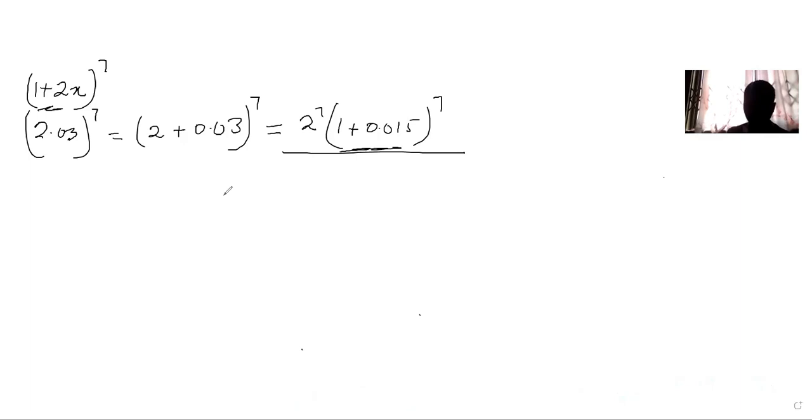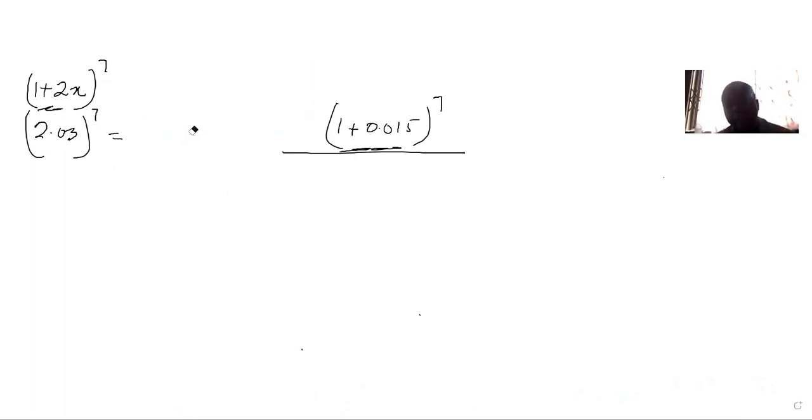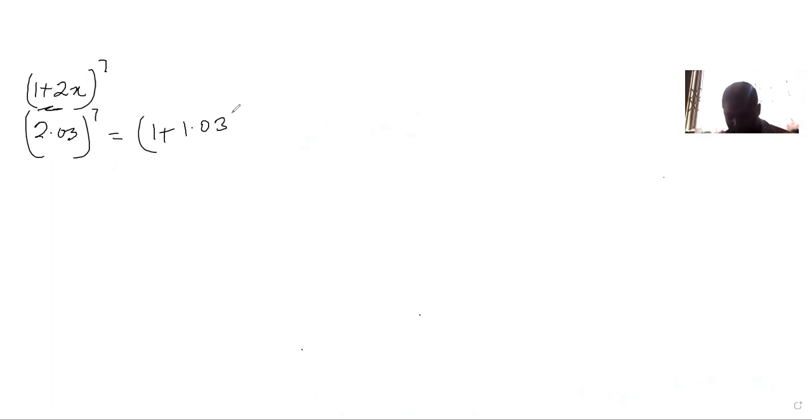So instead of this, you had 1 plus 1.03 to the power 7. By comparing the two, 2x is supposed to be 1.03.